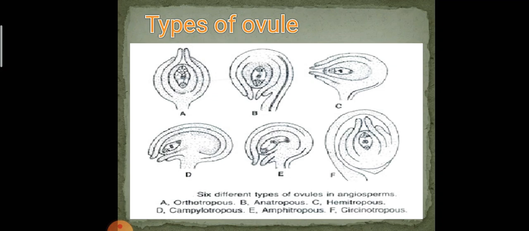Amphitropous ovule is present in some crucifers, and cercinotropous ovule is present in Opuntia, which is a xerophytic plant. So we can observe that these different types of ovules are present.